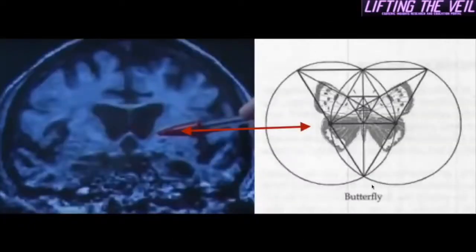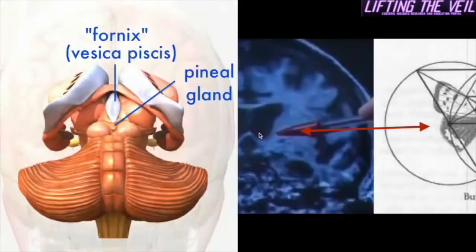I found this image, surprisingly, as I was looking for the Vesica Pisces to relate to this innermost chamber in the brain, to relate how certain segments of the fornix directly correspond geometrically to the vagina, as well as the pineal relating to the clitoris.